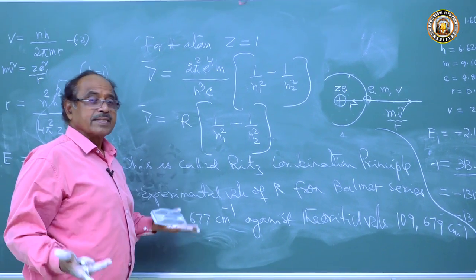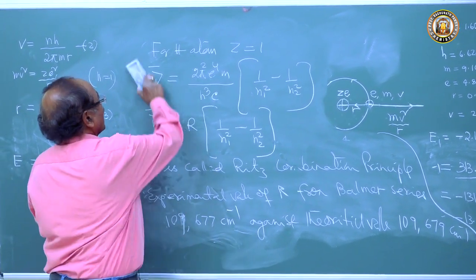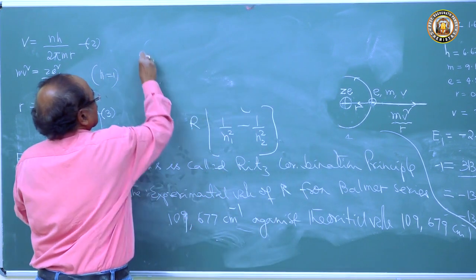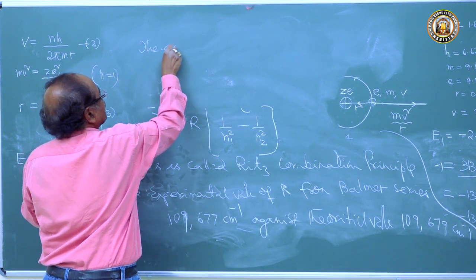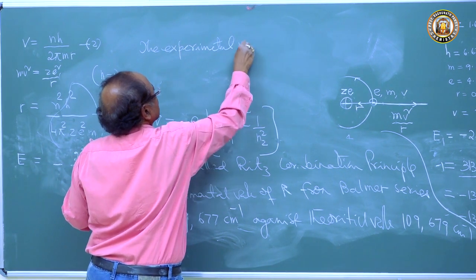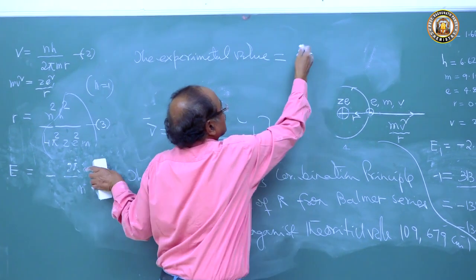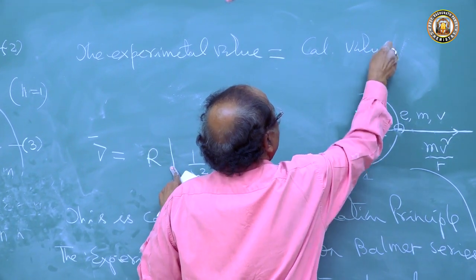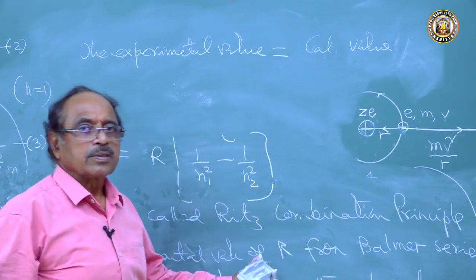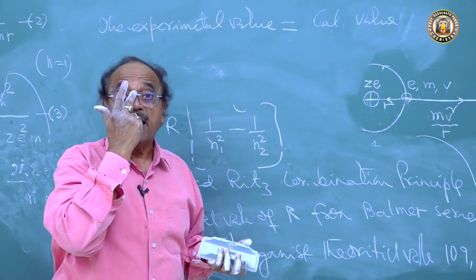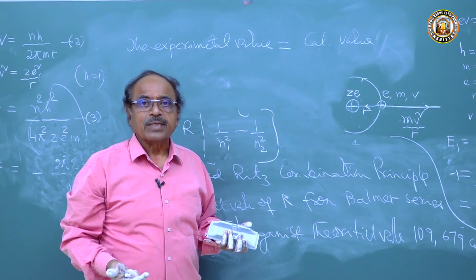So this explains the identical values: the experimental value is equal to the theoretical value, which proves the validity of the hydrogen atom.